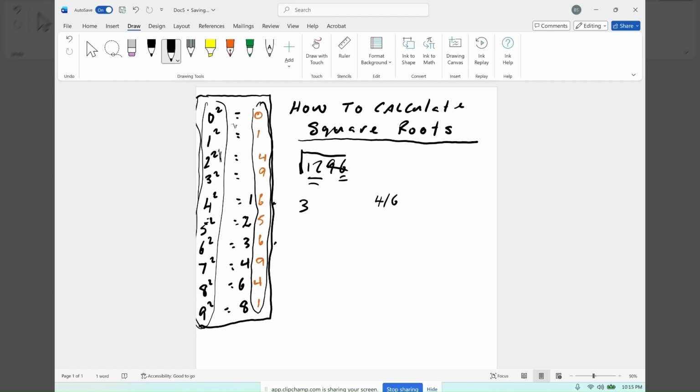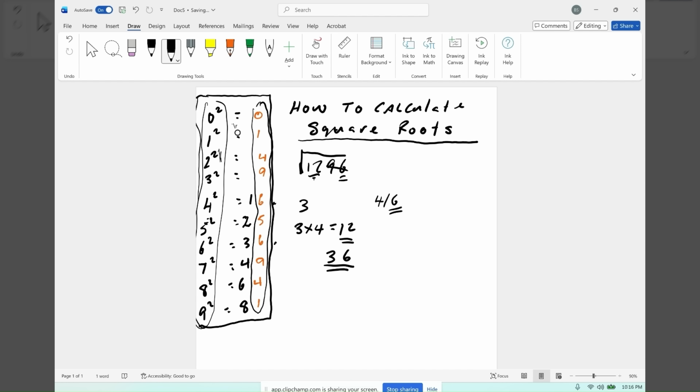Now, the next phase is you multiply that 3 by the next number after it, so 3 times 4 equals 12. If this number is greater than or equal to this number, then we use the larger number. So therefore, the square root of 1296 will be 36.